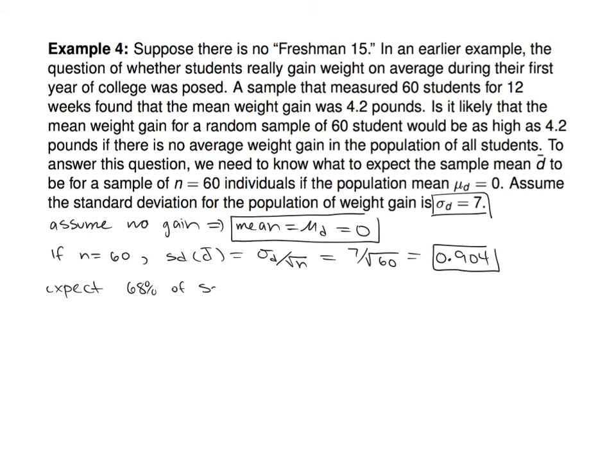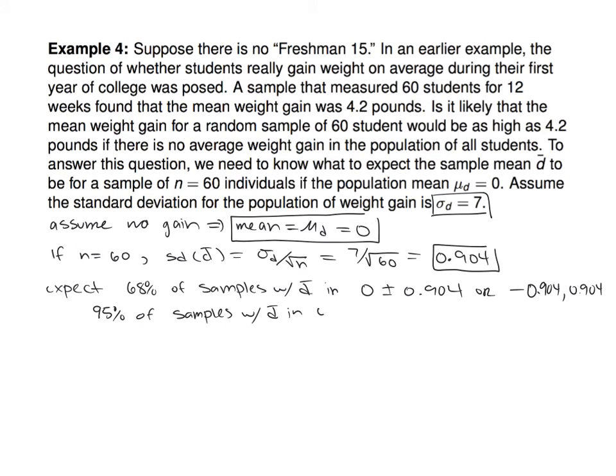So we would expect 68% of samples with d bar in 0 plus or minus 0.904, or negative 0.904 to 0.904, meaning some people actually would have lost weight. We'd expect 95% of samples with d bar in 0 plus or minus 2 times 0.904, or negative 1.808 to positive 1.808.